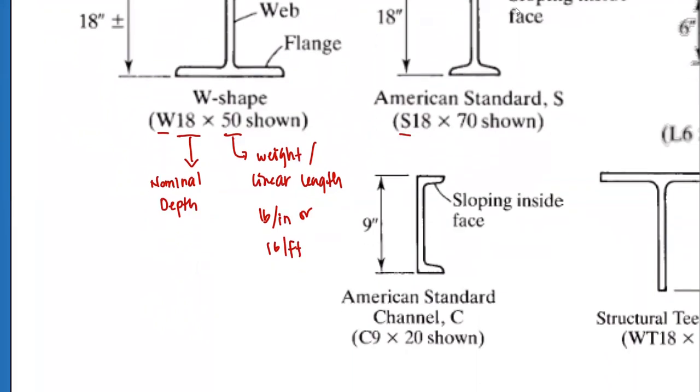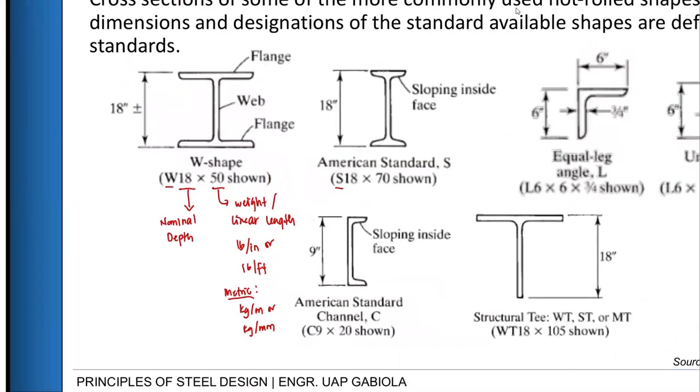But for metric or SI unit, it would be kilogram per meter or kilogram per mm. Depending on the table that you are looking at. So you just have to look at the header of the table what units is being used there para ma-identify nyo kung naka-English or naka-metric yung ano natin. Okay? So basically, yun yung pag-designate for W shape and S shape sections.